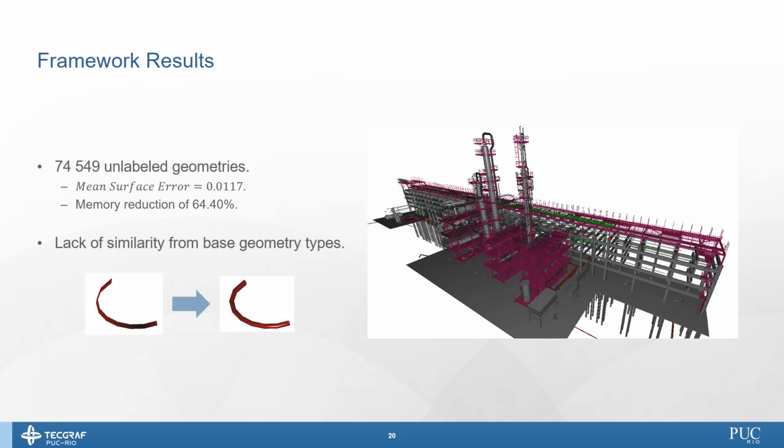And since we don't have a rectangular torus in the base geometry types, these geometries were not optimized and were simplified into one reference mesh combined with several matrices. This shows the importance of previous knowledge of the geometry types that will be found in the model.